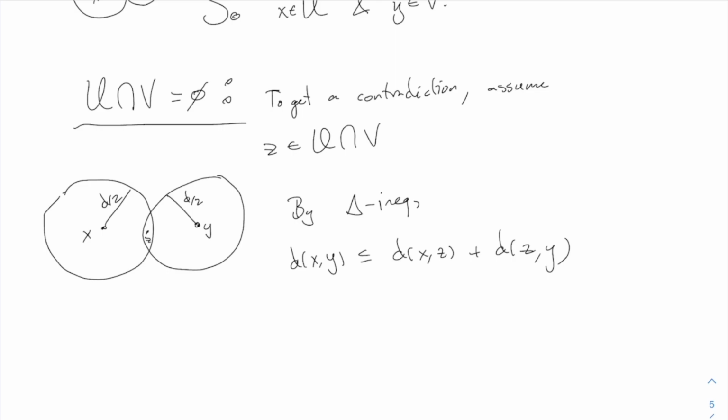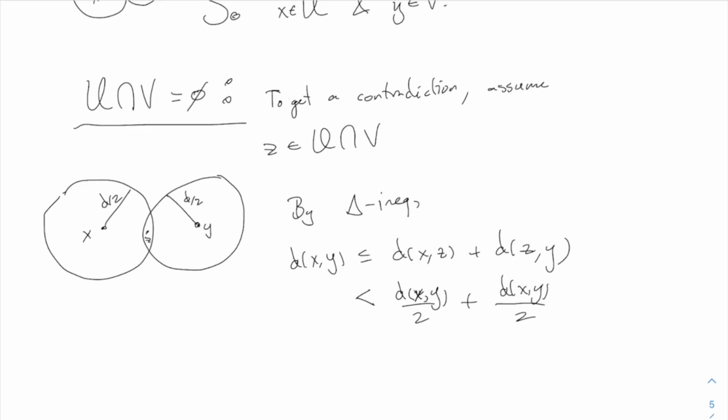So this is less than d over 2, which is really the distance from x to y over 2, right? And then what about the distance from y to z? It's the same thing, right? Z is also inside of the ball around y, and so the distance from y to z is also less than the distance x, y over 2, all right?